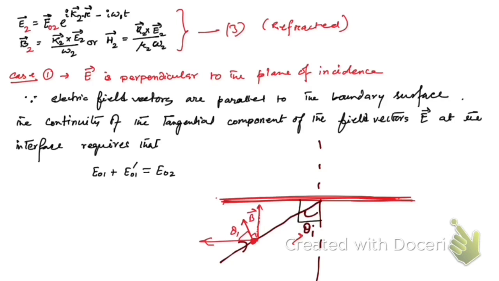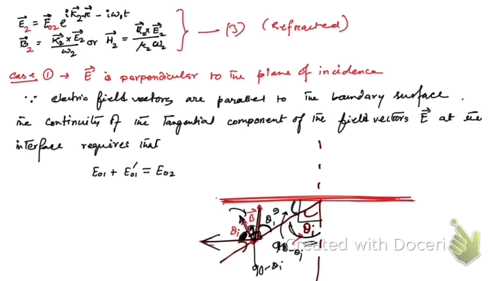This is 90 degrees as this is the normal, so this angle must be 90 minus theta I. Then these are alternate interior angles, so this must also be theta I, and this B is perpendicular to this wave, so this angle must also be 90 minus theta I. So these two components will be perpendicular, right? So I hope you have understood this.